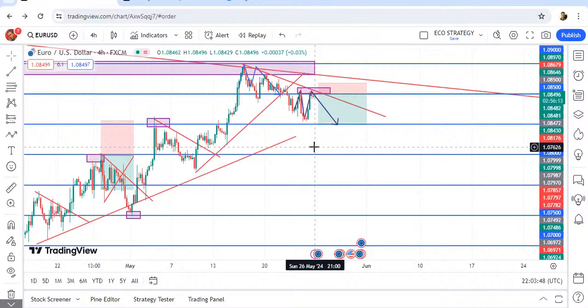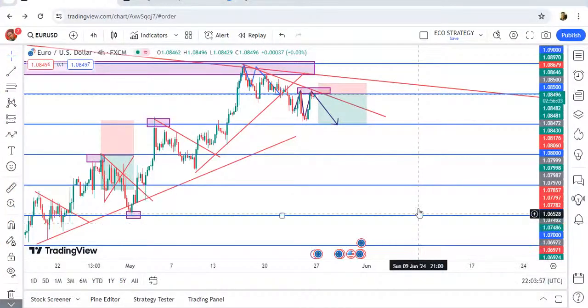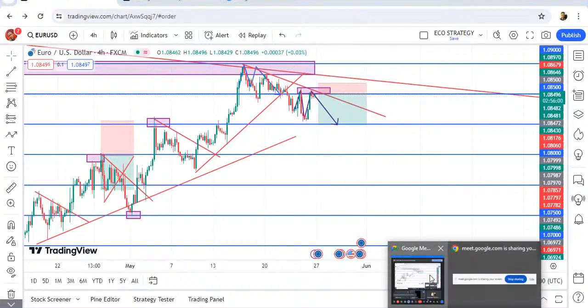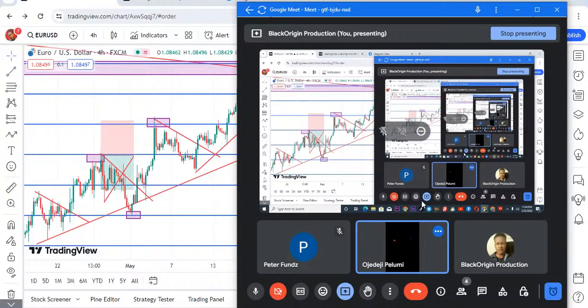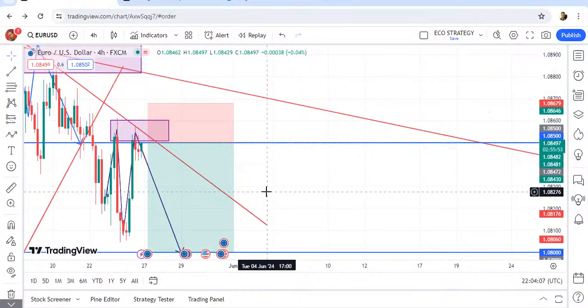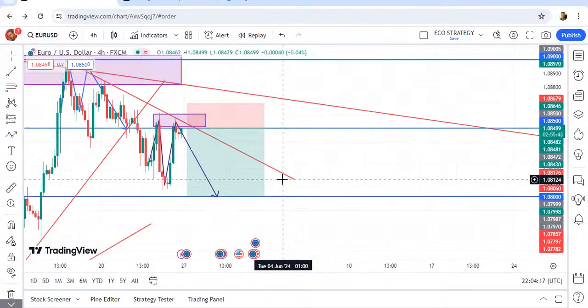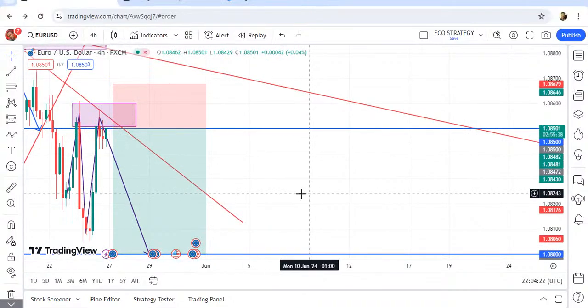So are you going to play this trade? I just want to watch it, see what it will do. You're not sure if you're going to play the trade. You're waiting for the psychology level to give us a sweet entry.